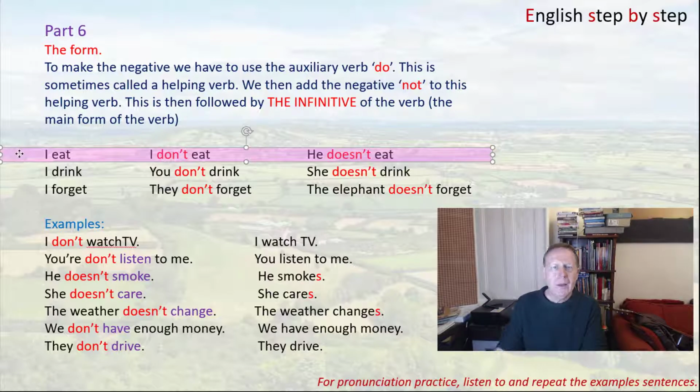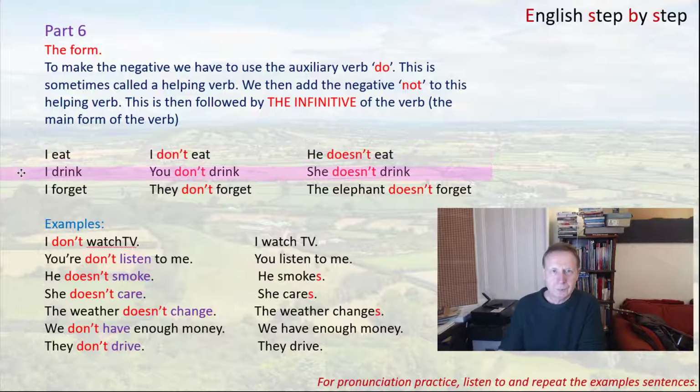And then it's important to remember the changes that happen with the third person singular. For example, I don't, you don't, we don't, they don't. But then in third person singular, we change it to doesn't. He doesn't. She doesn't. It doesn't. So we can see here, I eat, I don't eat, he doesn't eat.